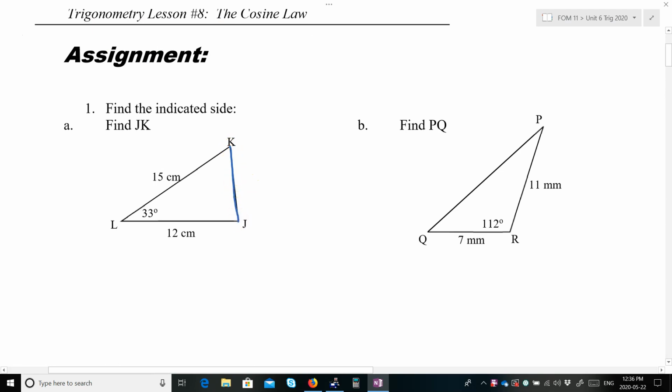This is the cosine law, and we usually use it when you have an angle between two sides, like we have here, or if you know all three sides of the triangle and no angles. The general rule is if we have an angle, we make that one A. So we'll make this angle A, which means the side opposite the angle is little a.